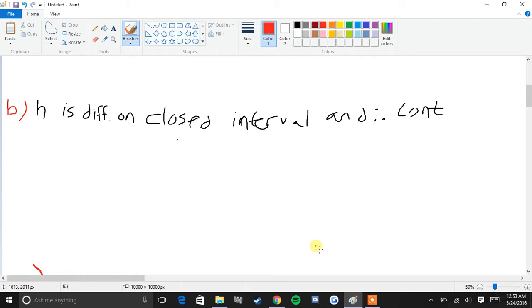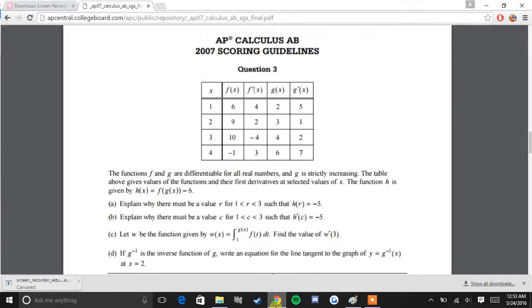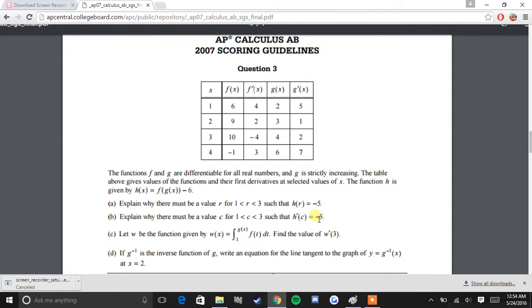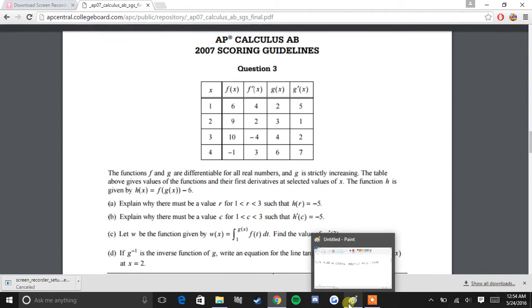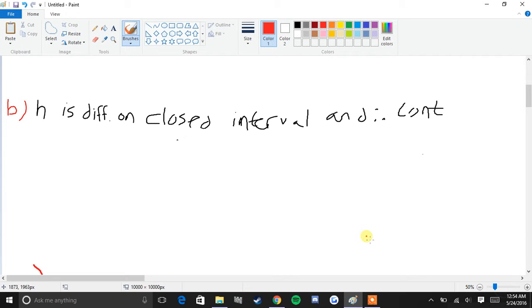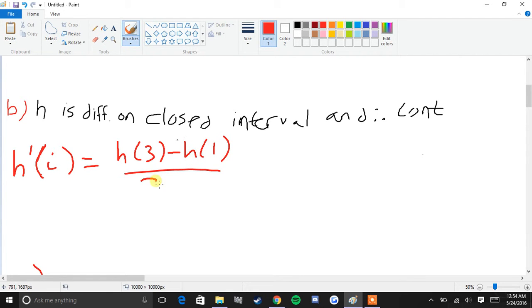We want to show h prime of c equals -5 on this interval. So we have h prime of c. We're still looking at the interval 1 to 3, so we do h of 3 minus h of 1 over 3 minus 1.